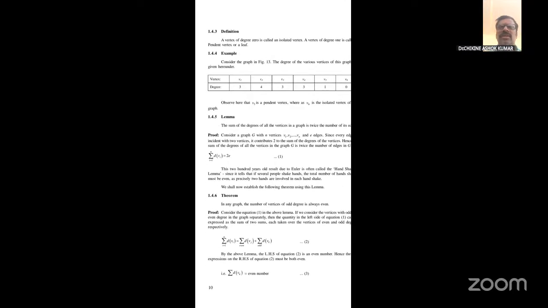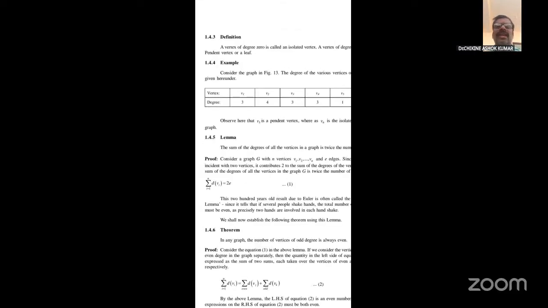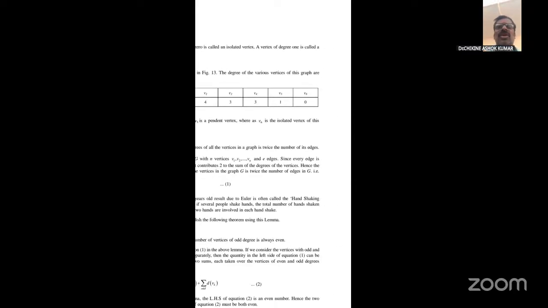A vertex of degree 0 is called an isolated vertex. It means if from a given vertex to the remaining vertices there is no connectivity, there are no edges, then that kind of vertex is called an isolated vertex, or simply we can say the degree of that vertex is 0. A vertex of degree 1 is called a pendant vertex.